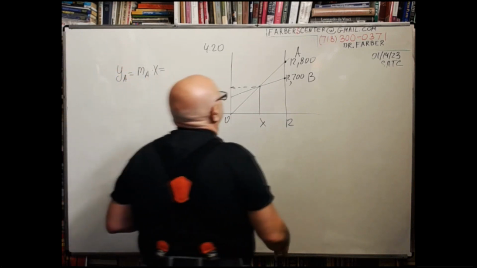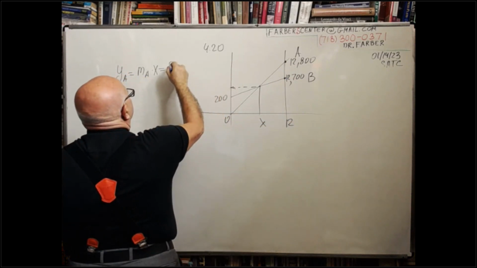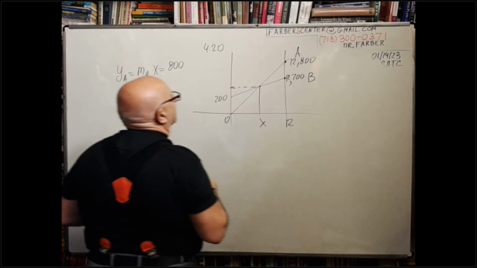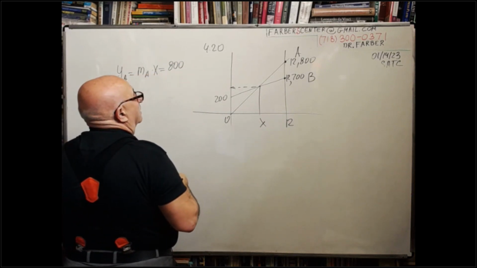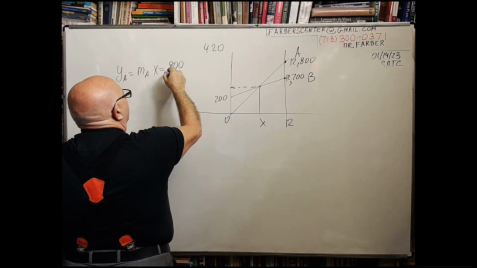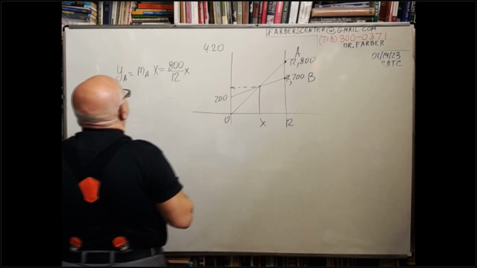It is 800, rise over run: 800 minus 0 divided by 12 minus 0. So this is YA.